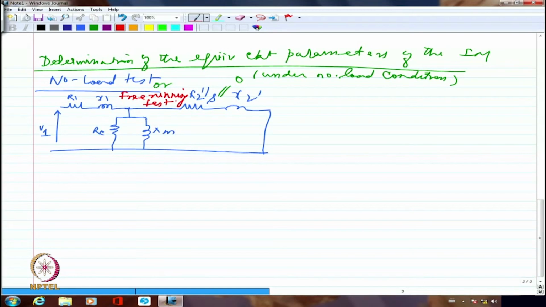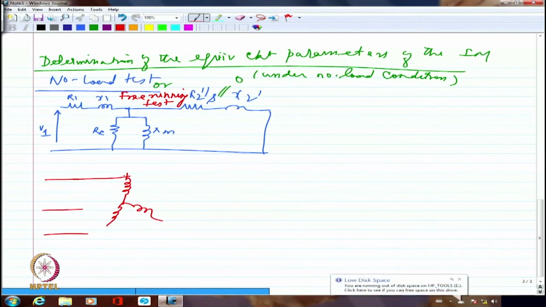So under free running test condition, we normally apply no load on the shaft and try to measure what is the power. So the circuit diagram is somewhat like this. I'm going to have 3-phase supply. I will have a 3-phase variac or an auto transformer.